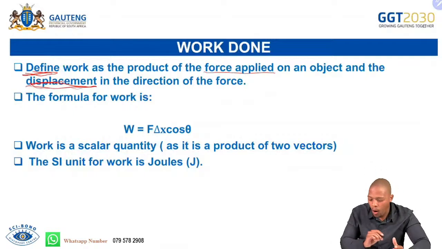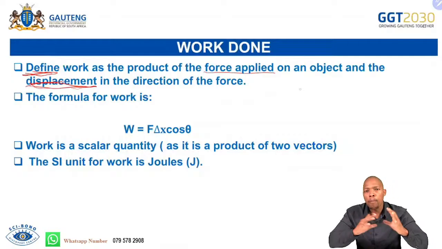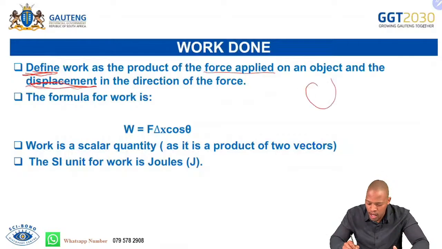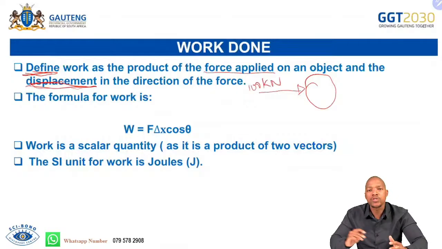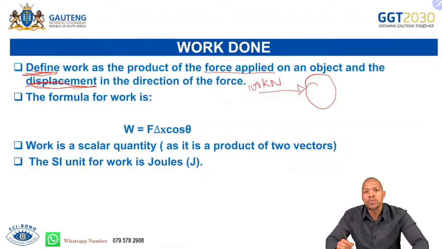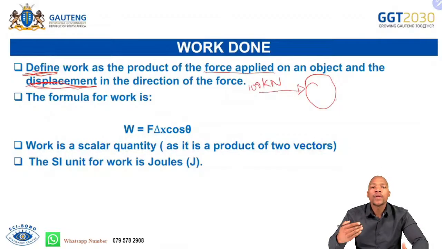So no matter how hard you push it, no matter how big the force is, say you are applying this extremely huge force of 100 kilonewtons. However, the rock is just not being displaced. As long as the rock is not being displaced, we would say that no work was done in that case.